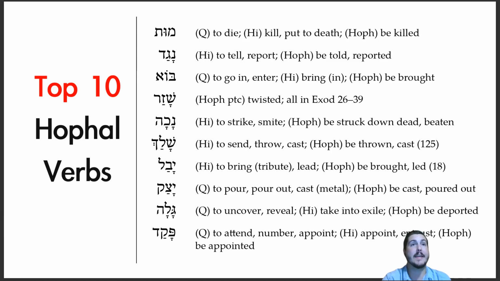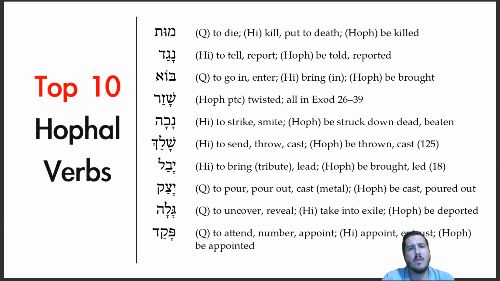The Hifil, it's to bring in. The Hofal is to be brought. So Aden entered in the temple, that'd be Qal. Aden caused to bring in his sacrifice, and he brought in his wife with him. Okay, see how the several different nuances of that verb in these different stems.